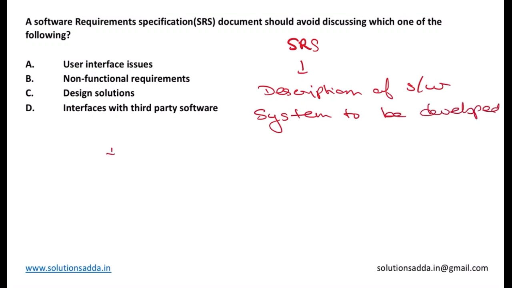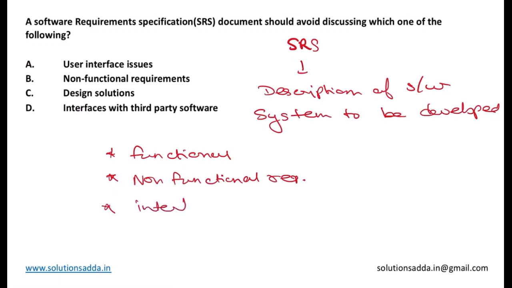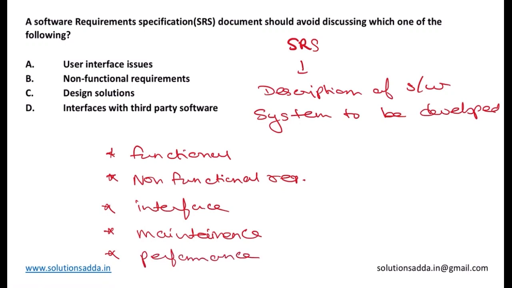So basically it includes functional, non-functional requirements, interface information, maintenance information, performance related information, etc. And the design part or the design specification is part of software implementation.